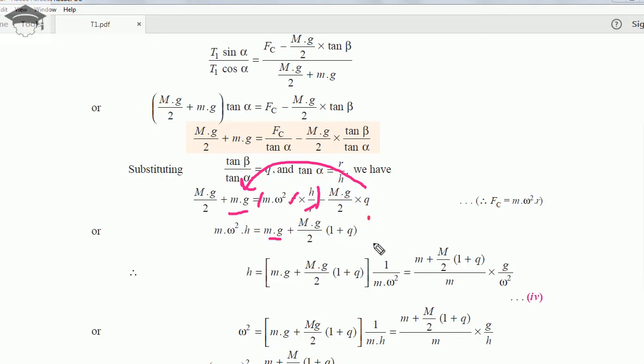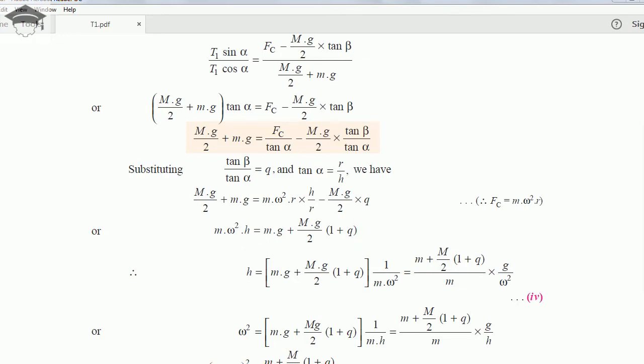So we are left with the equation m omega square h equals mg plus capital Mg by 2 into 1 plus q. Now from here we can find the value of h. H is equal to, we divide the right hand side by m omega square: m plus M by 2 into 1 plus q upon m, into g upon omega square.